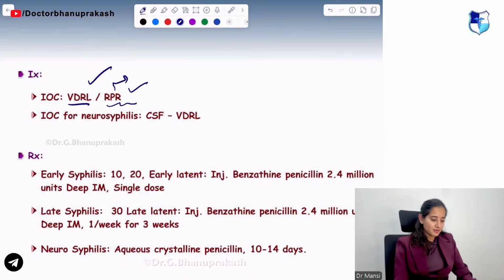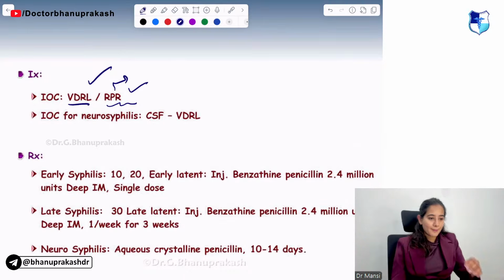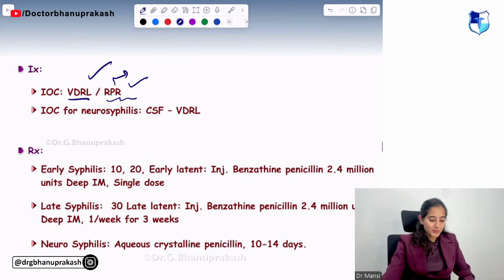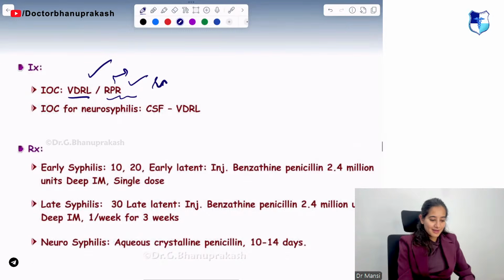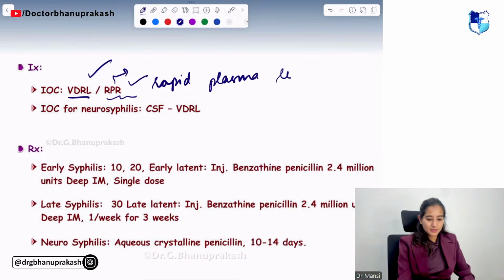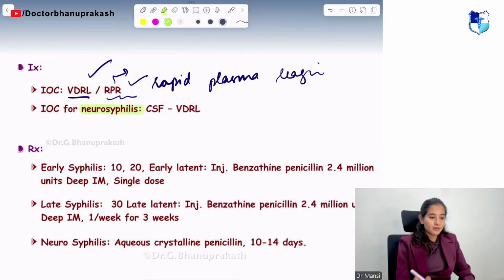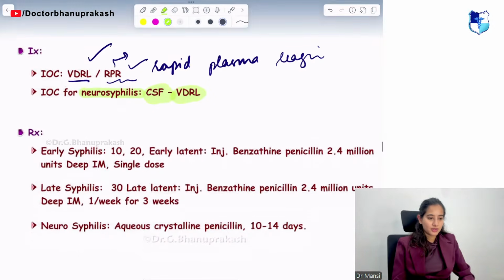What is RPR? I'm asking for your knowledge and for your involvement so that you just wake up. Rapid plasma reagin. But if it is a neurosyphilis case, the investigation of choice becomes CSF VDRL. So you again do a VDRL, but with the CSF. The fluid is changed.